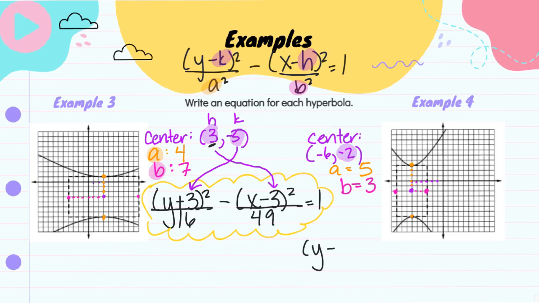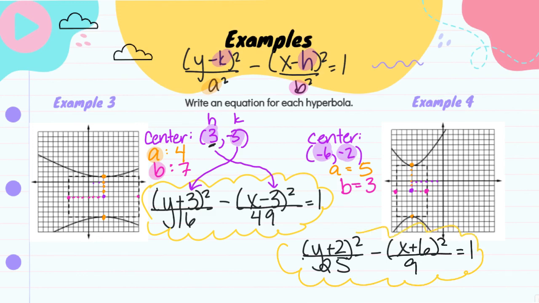So y minus negative 2 is y plus 2 squared over a squared, which is 25, because 5 squared is 25, minus x minus h squared, which is positive 6, over b squared, which is 3 squared, which is 9.